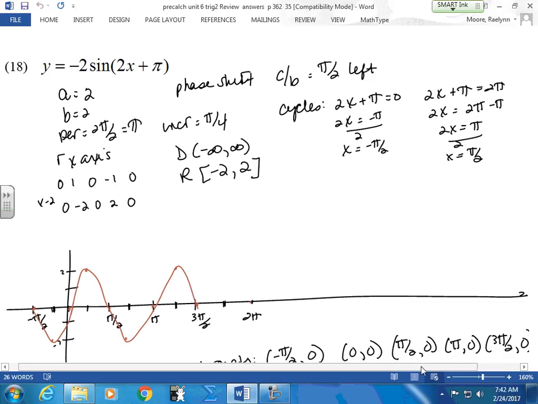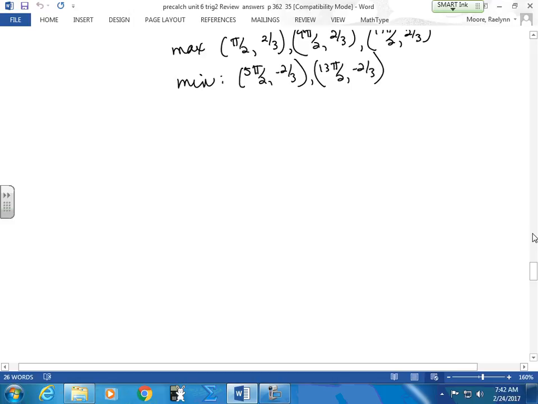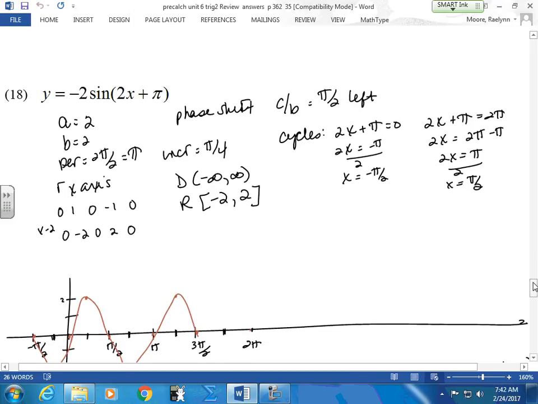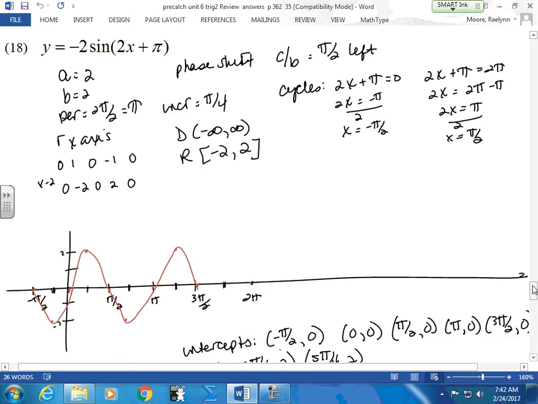And again, the phase shift, I'm not having you graph the phase shift, but I do still want you to understand this. Now, before you look at this, let's think this logically. How many curves in 2 pi? 2. Right now, if it was 1, where would I start this?